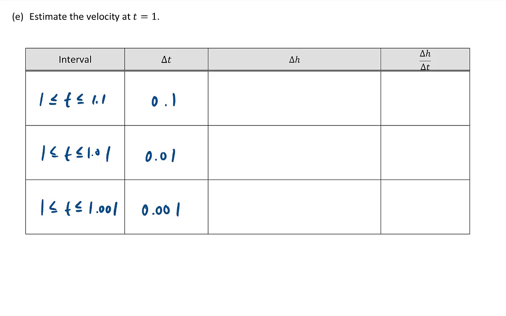Next, we need to determine h of 1.1 minus h of 1. And if you use your calculator, you should end up with 0.69629. Next, we need h of 1.01 minus h of 1.